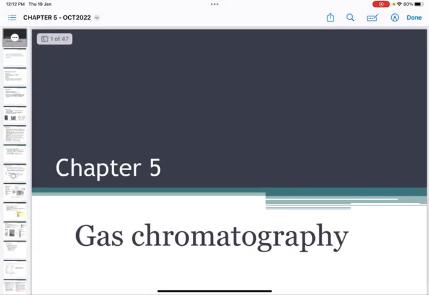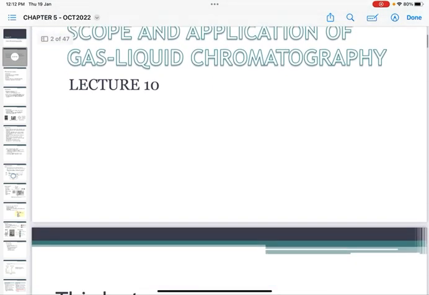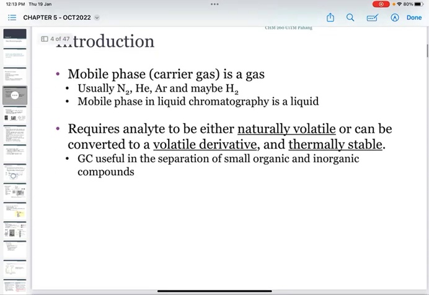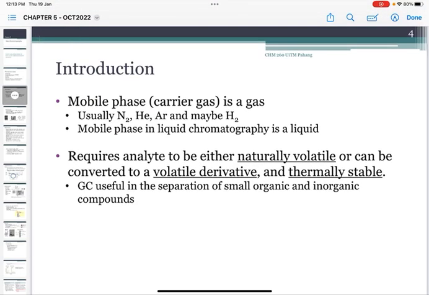So this is the notes for gas chromatography. Yeah. The same. Yeah. We look at the basic theory of the gas chromatography. As an introduction, gas chromatography from the names, yeah, gas. The mobile phase is a carrier gas.